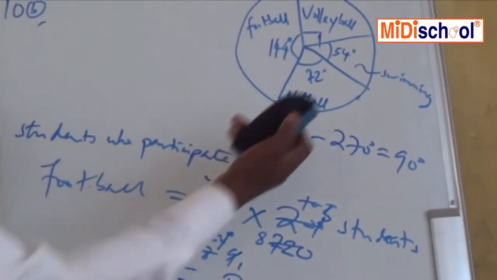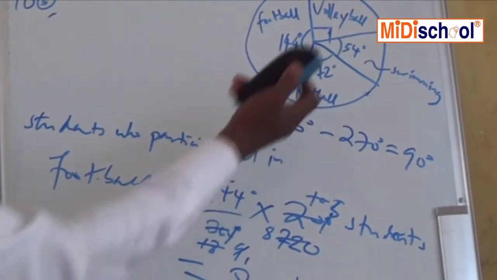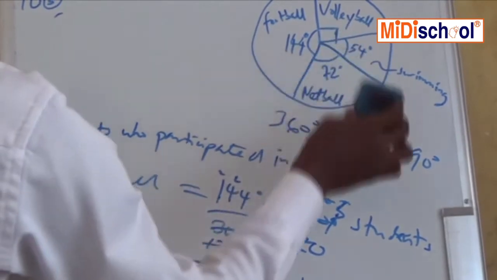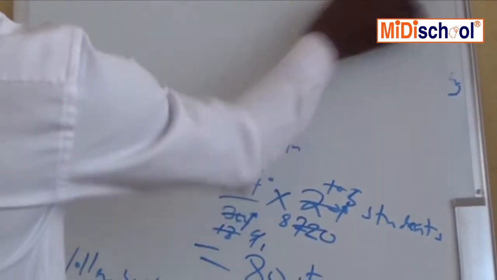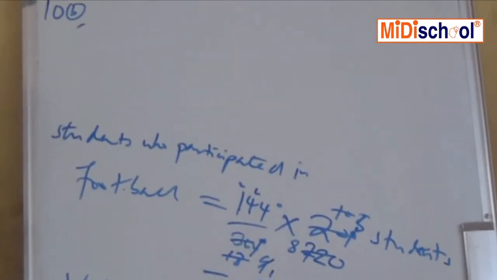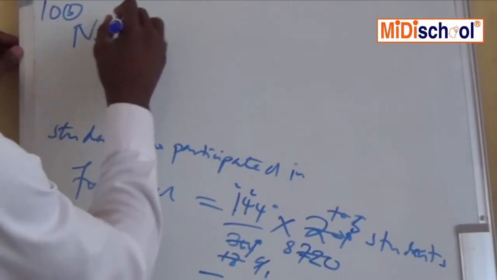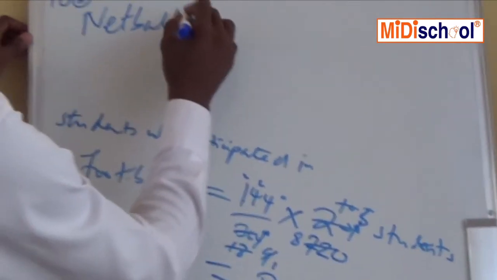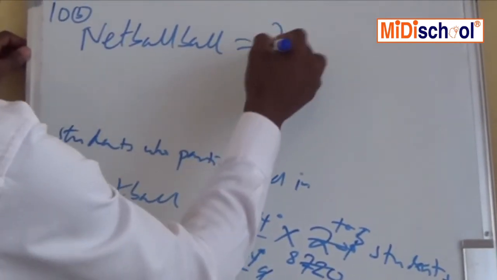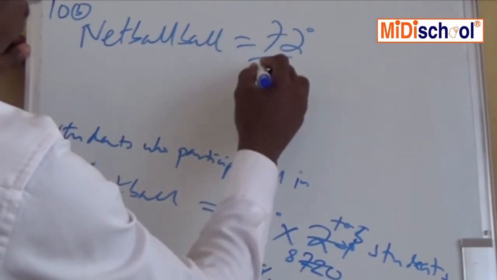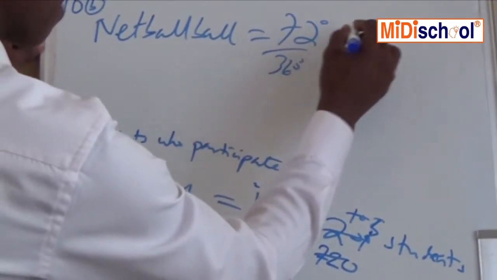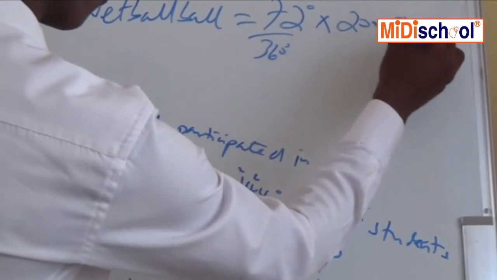Allow me to wrap up here so that you can find the last one, which is for netball, and that is 72 degrees. So finishing up for netball, students will be 72 degrees over 360 degrees times the total number of students, which is 200.